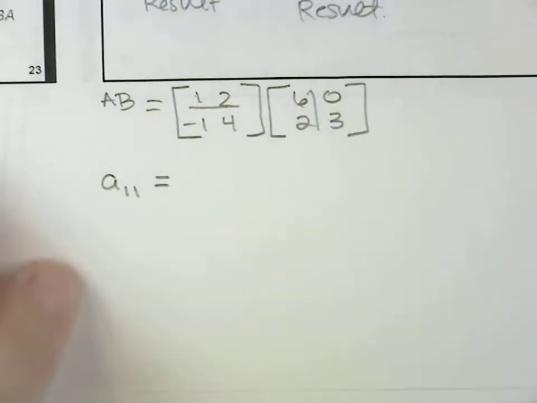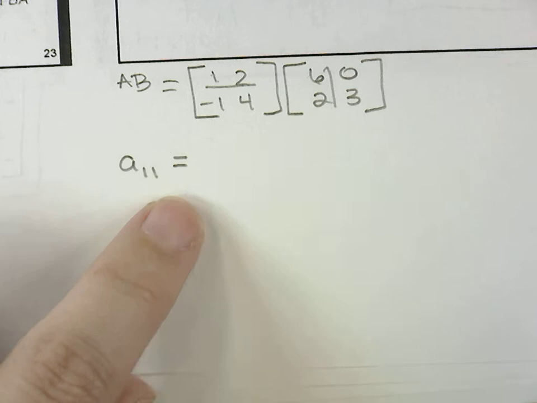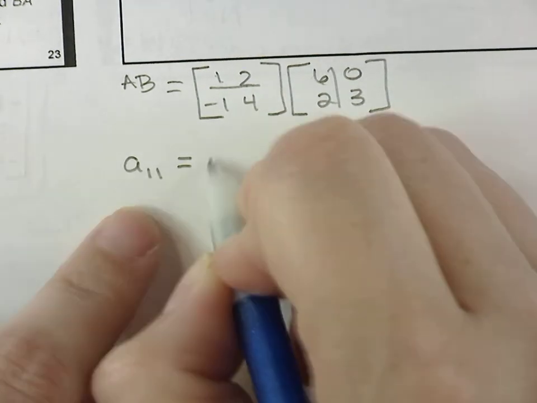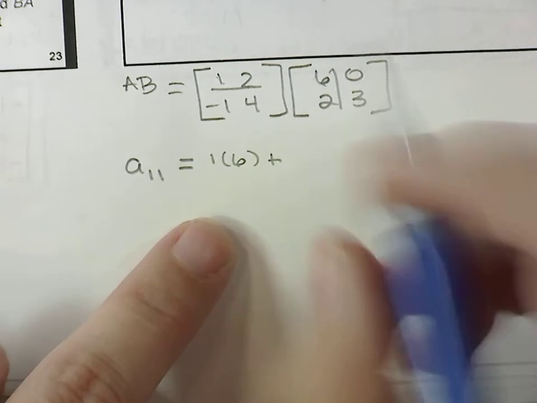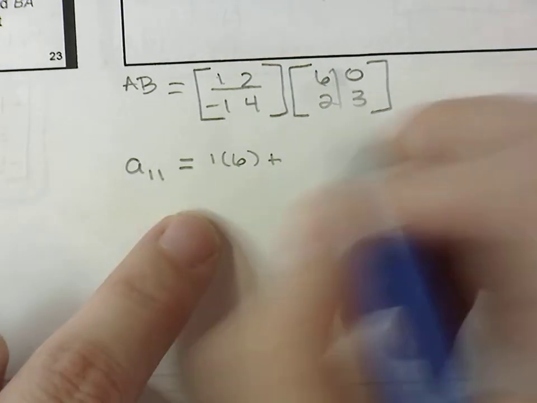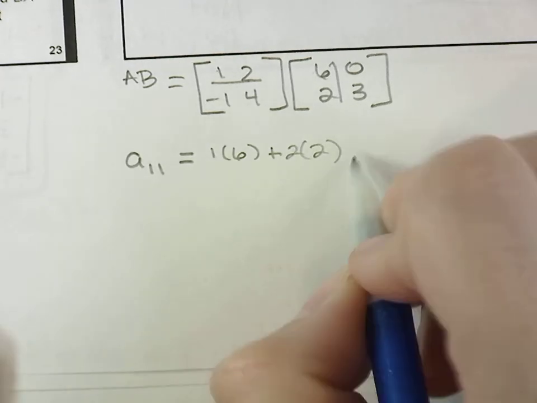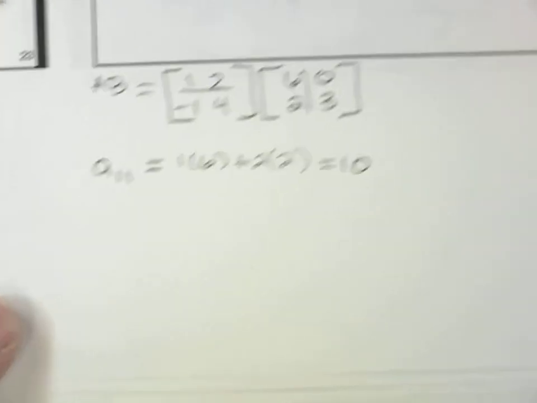And I'm always going to start with the first row and the first column. Okay, so Taryn, for the first one, can you tell me what I'm going to multiply together? And then you're going to add that to the product of what? So 2 and 2, which is going to be 4. Okay, so 6 plus 4 will be 10.